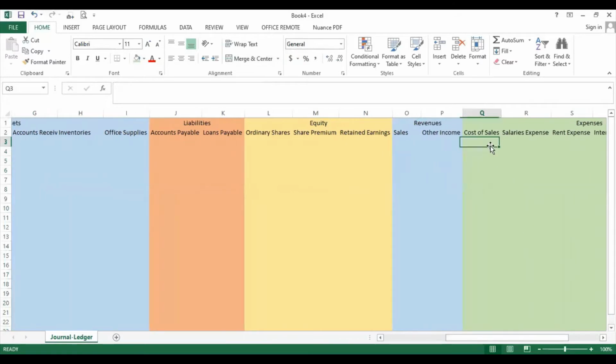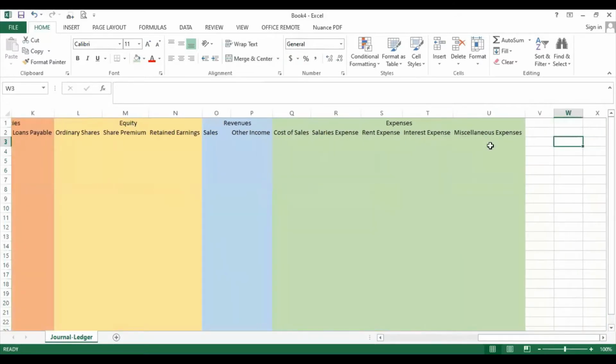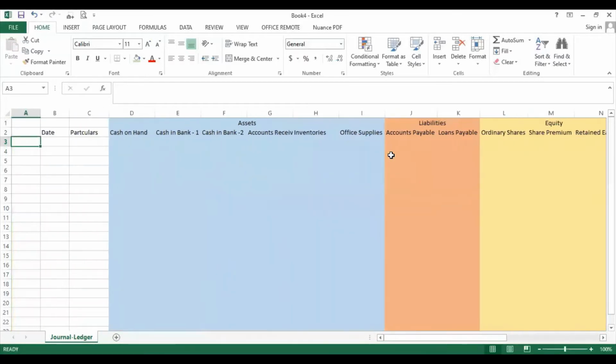Now if you are here, you're not able to see the description. For example, for the miscellaneous expenses here, you're not able to see the date and the description. To solve that issue, you go back to our first item here under cash and bank.